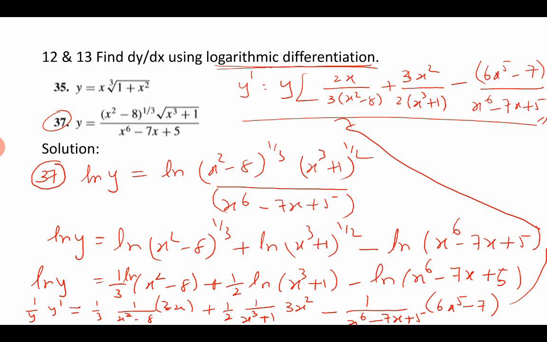In the last step, close the bracket here. We have to replace the value of y from the given equation. So when you write this value of y here, that's the end of the problem.